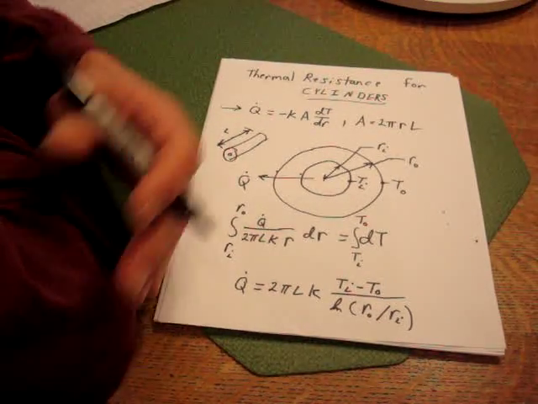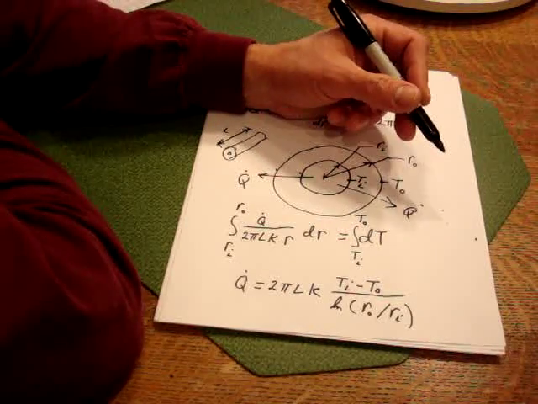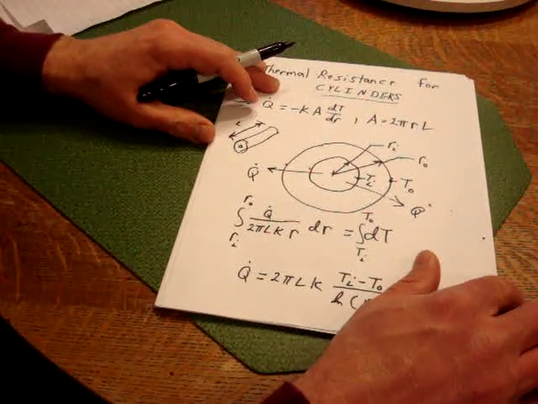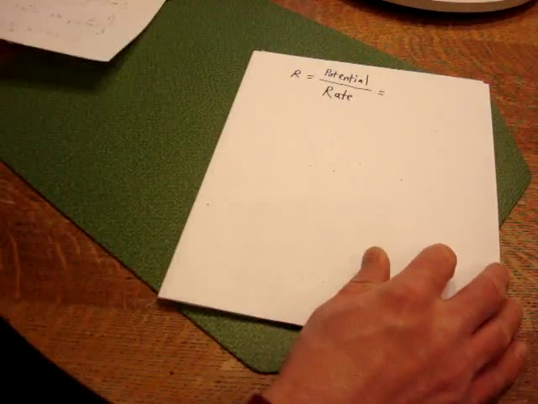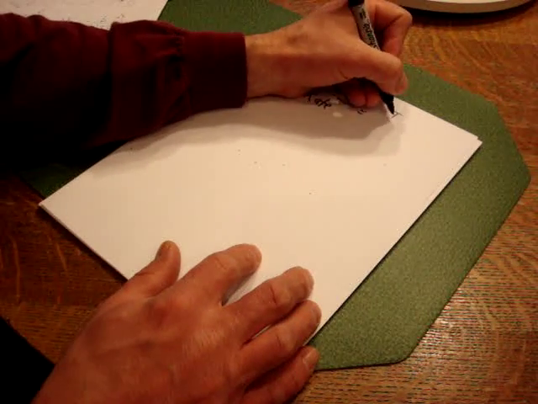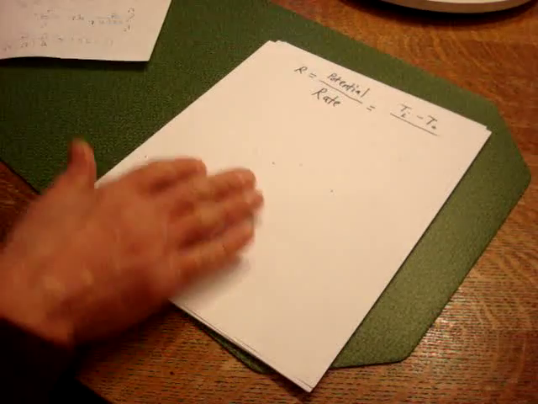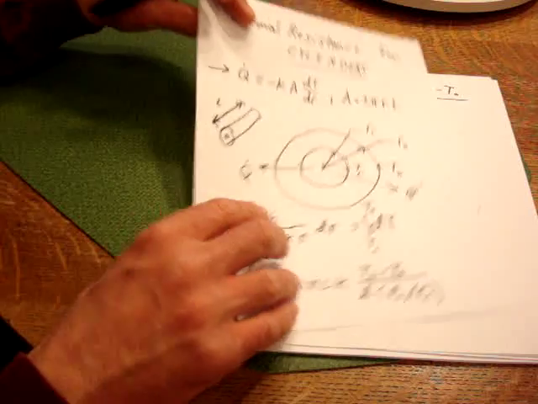In other words, what is driving this heat transfer, the Q dot? Well, that potential is going to be your temperature drop. So here again, the potential is T on the inside minus T on the outside. And just like with the plane wall, the rate, of course, is going to be Q dot.